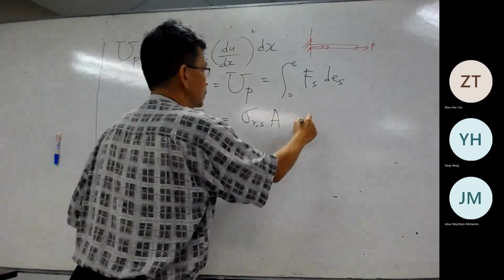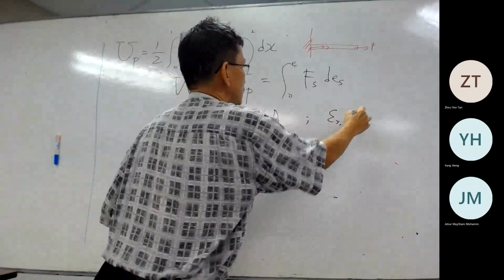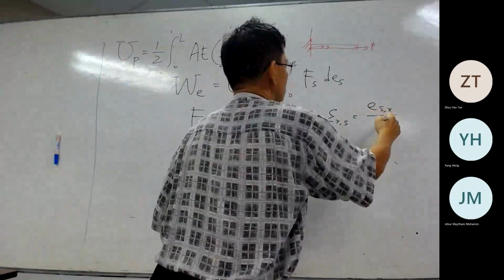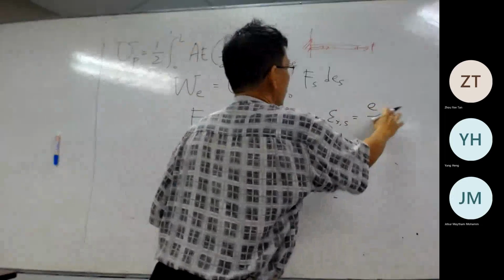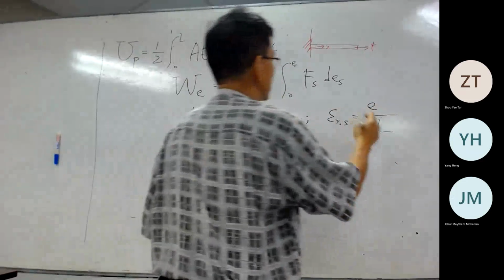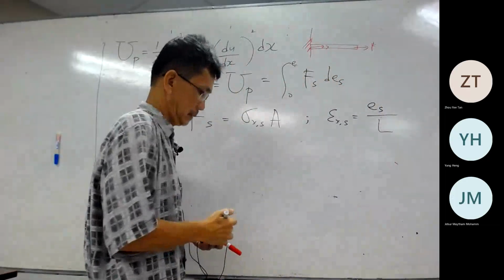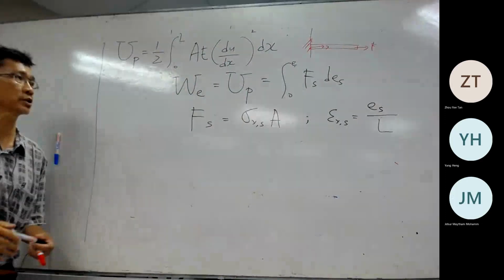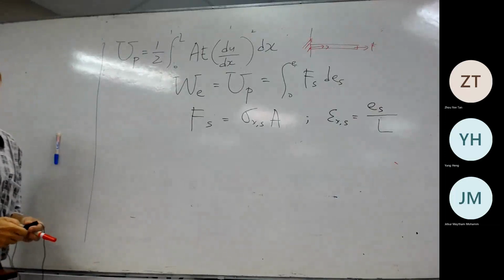And we have the relationship of epsilon xs is equal to Es over L. So this is the relationship that we have for Fs, sigma xs and epsilon xs.